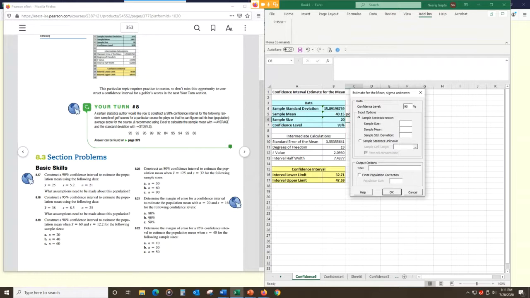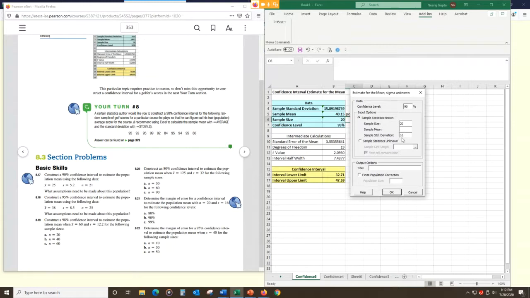So I'm choosing, say, 90%, and sample size is 20. I'm not given the sample mean, I'm given the sample standard deviation, which is 16. I cannot just hit enter because it needs a sample mean. Since margin of error doesn't depend upon the sample mean, I can just provide any mean here.